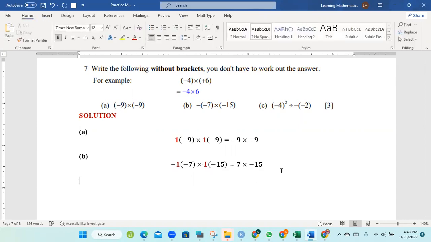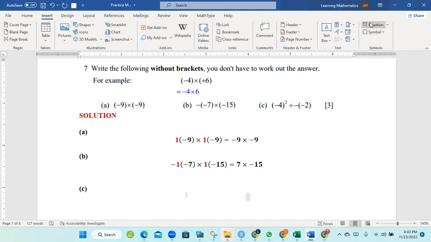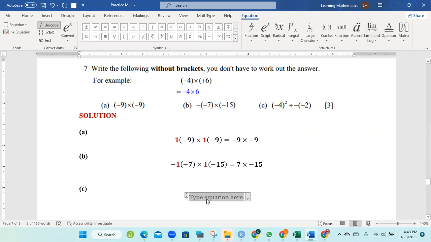Let's go to scenario C. For scenario C, in a bracket, we have a -4, close bracket, all squared, divided by a minus, in a bracket, now you have a -2.